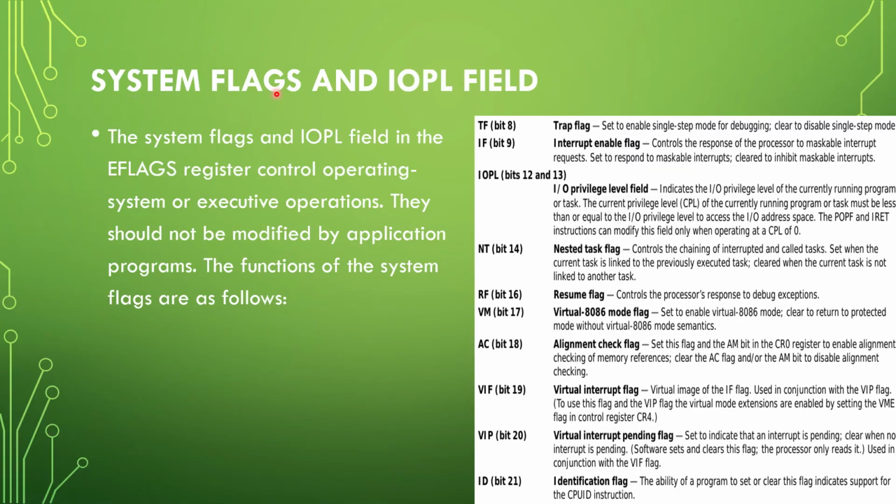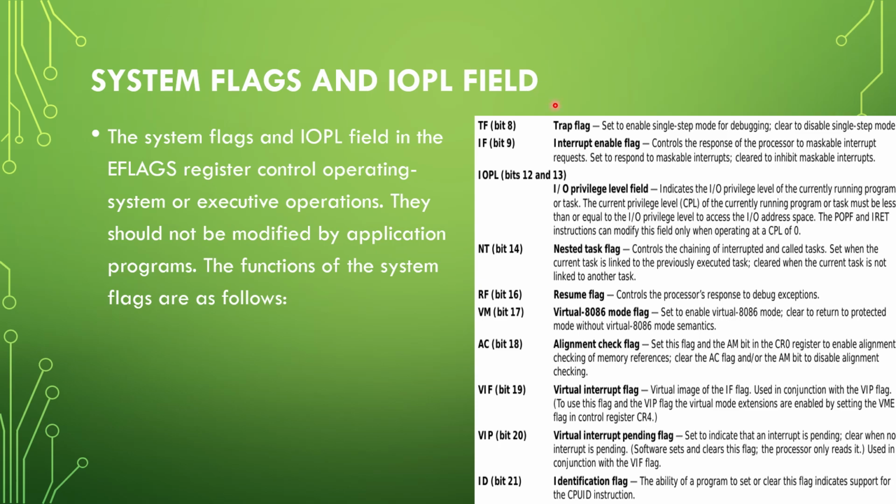Then comes the system flags and IOPL field. The system flags and IOPL field in the EFLAGS register control operating system or executive operations, and they should not be modified by application programs. The function of each flag is shown in this figure.